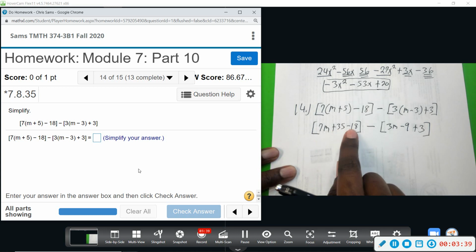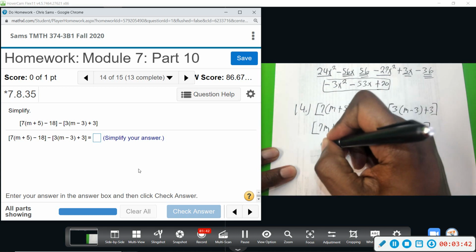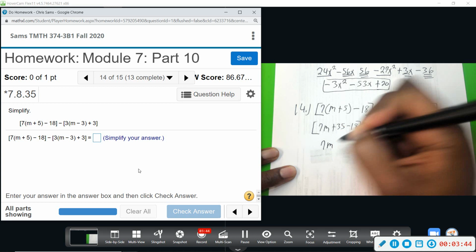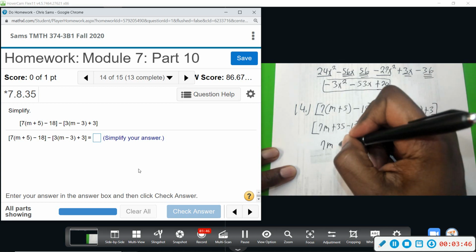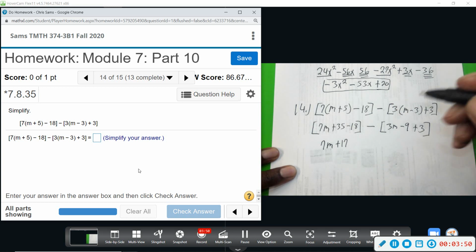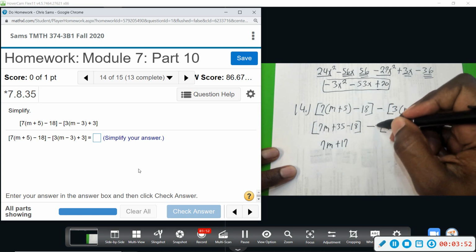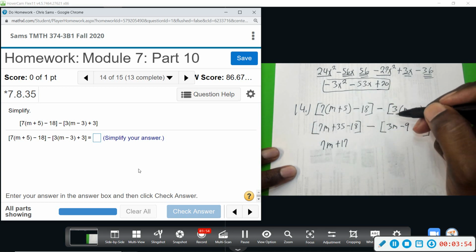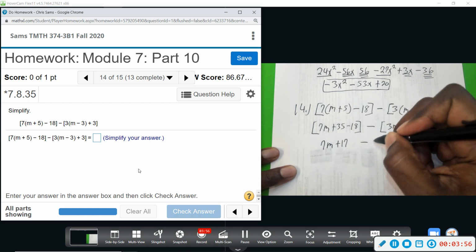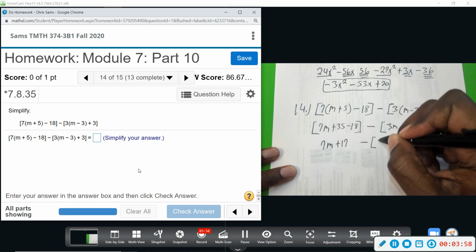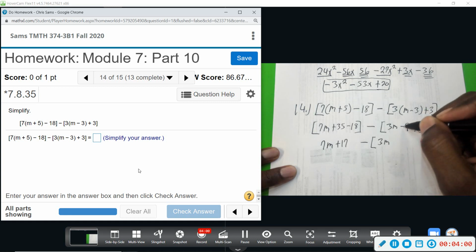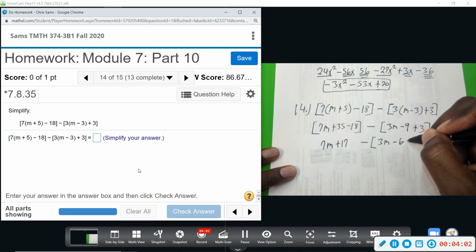Combine like terms, so 18 and 35, that will give us 7m plus 17, and then we can drop brackets here. Now over here, because of the minus, we will have to change signs. So I have to do minus bracket 3m, and that will give us minus 6.